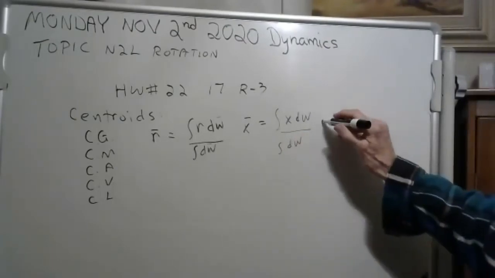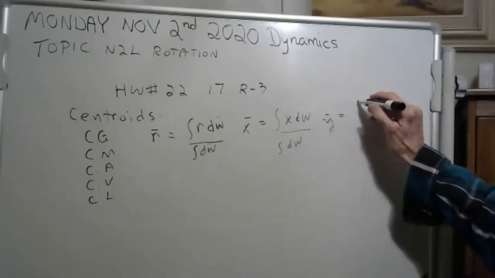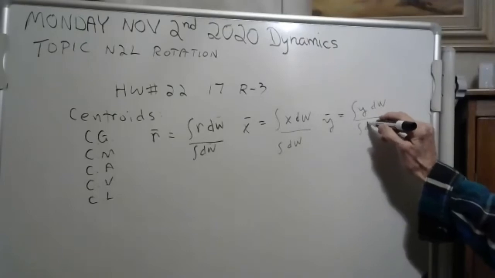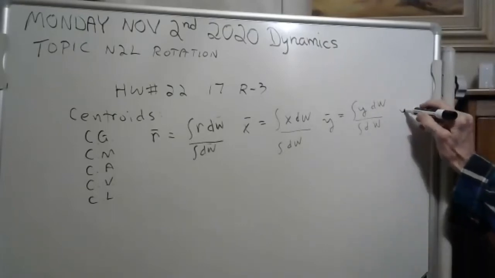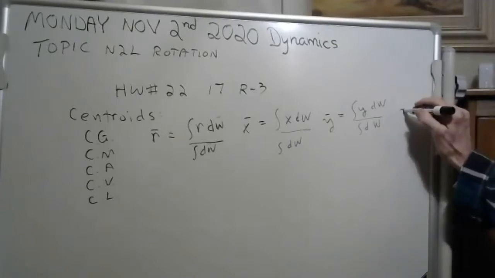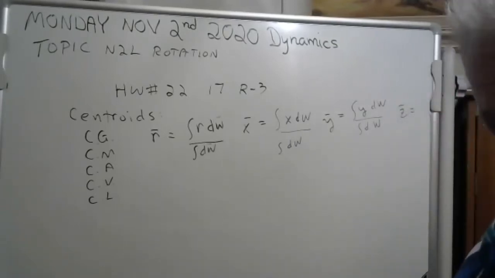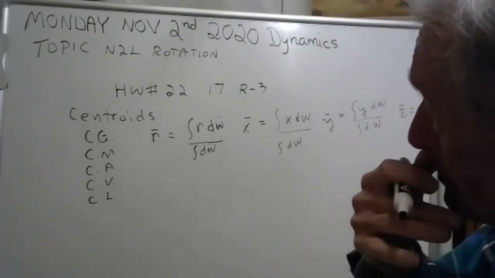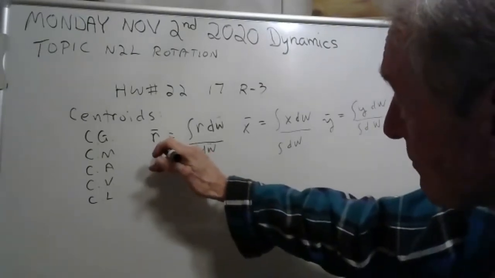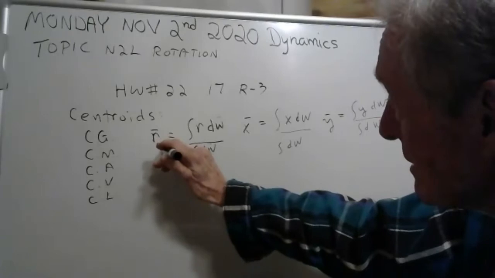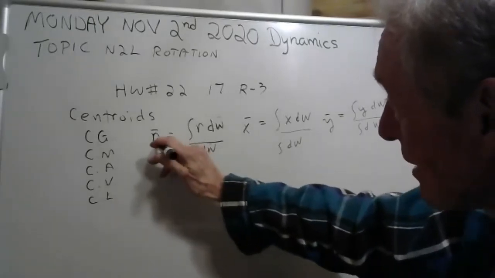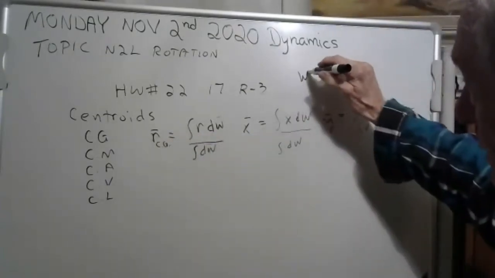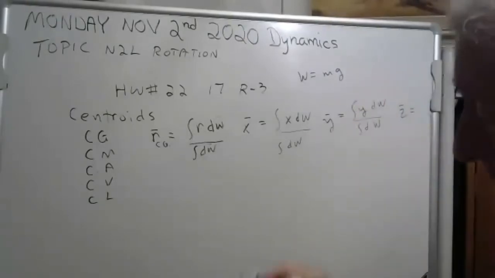If you were to write the y component, it would go like this. And you can visualize what the z component would look like. I won't bore you. Now that's the center of gravity, where this is the weight. Now, what I mean by the weight, that's your mass times gravity.